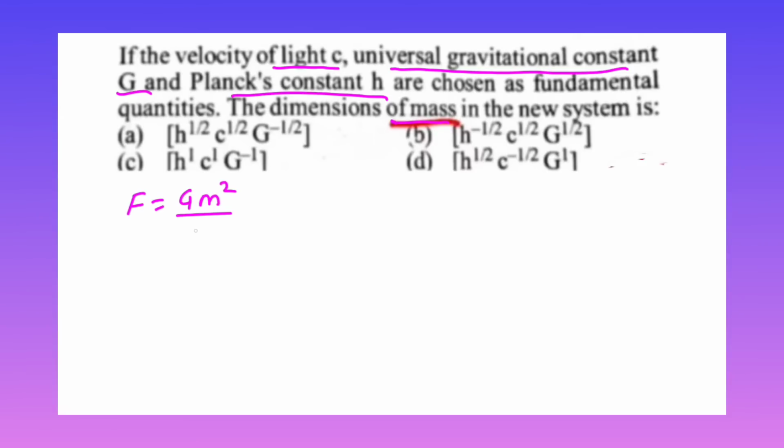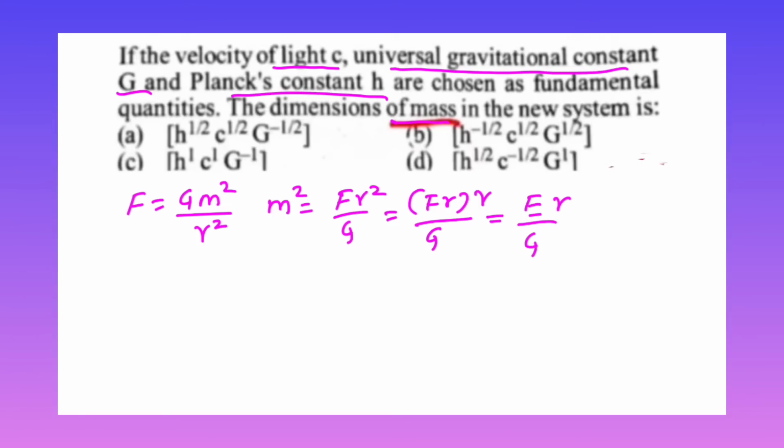You can write m1 m2 as m square, so F r square. Therefore m square is equal to F r square by G. Then you can write F into r by G, and F into r is force into displacement, which can be taken as energy, into r by G. You can write energy is equal to h nu, where nu means frequency, so h by t.